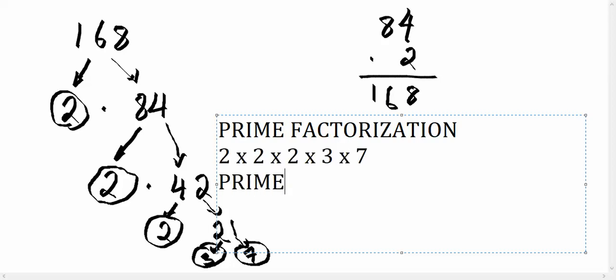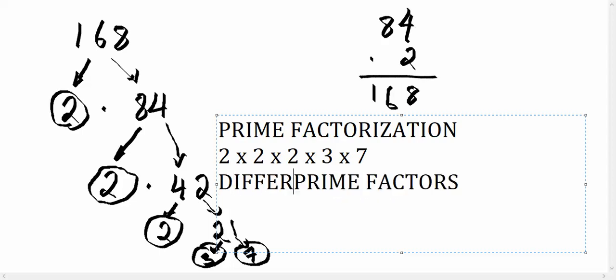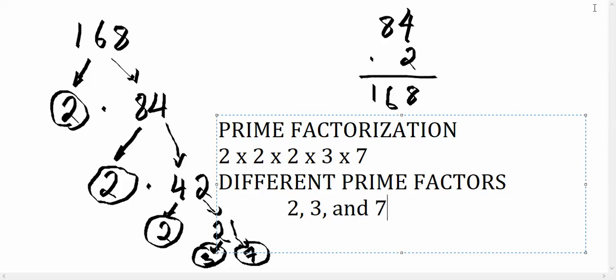The prime factors, or I should say the different prime factors of 168 are simply 2, 3, and 7. Okay.